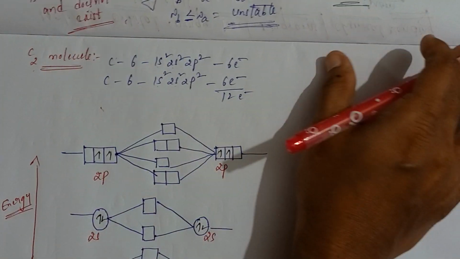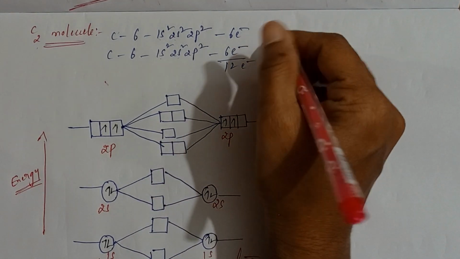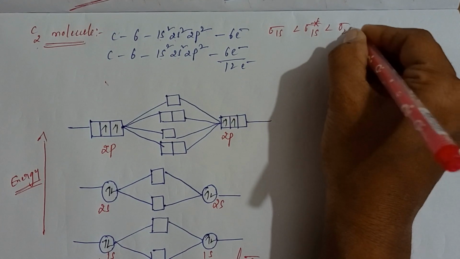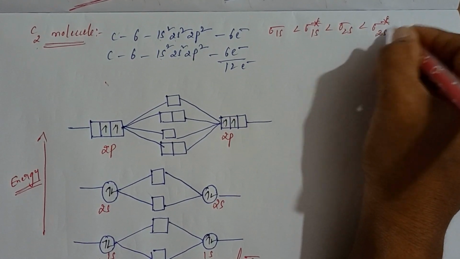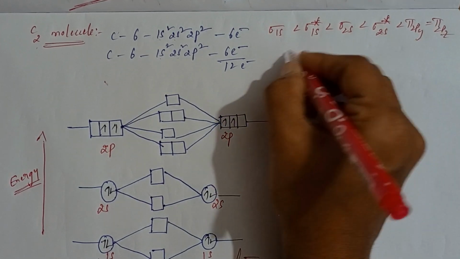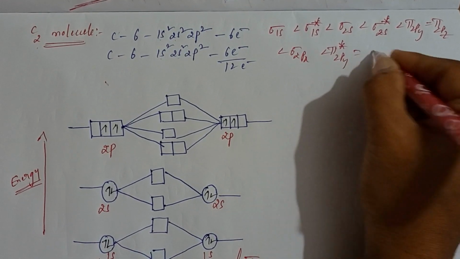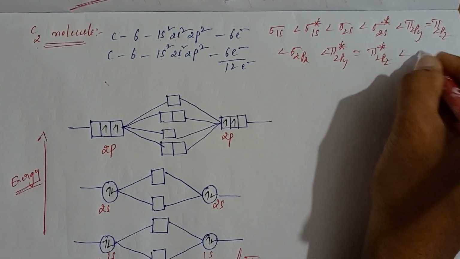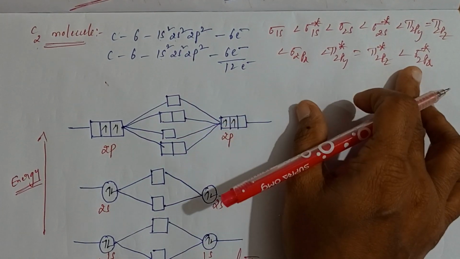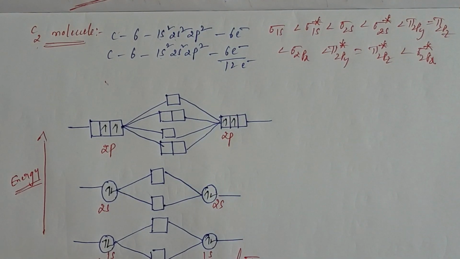Energy increasing order: sigma 1s less than sigma star 1s less than sigma 2s less than sigma star 2s less than pi 2py, pi 2pz less than sigma 2px less than pi star 2py, pi star 2pz less than sigma star 2px. This is the energy increasing order up to 14 electrons. Clear? In this order only I am writing from down to up.